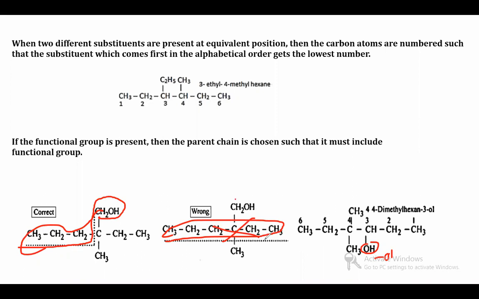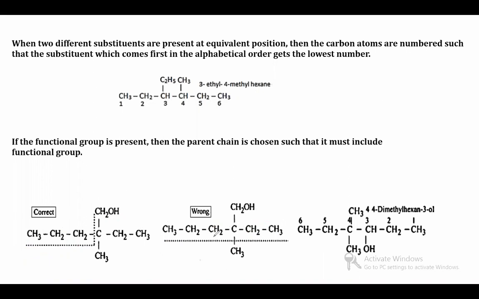And for this, why do we not consider the long chain? Because the functional group is not included. Then why are we writing this C2H5? You need to observe here, do not get confused. In the case of the first one and second one, why is this correct and why is this wrong?